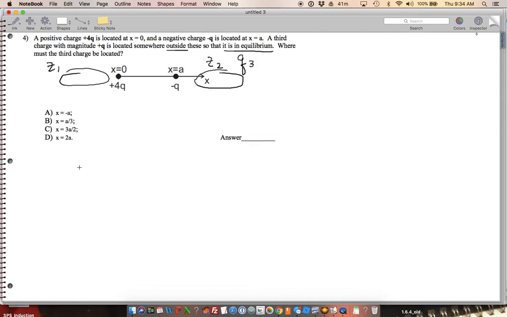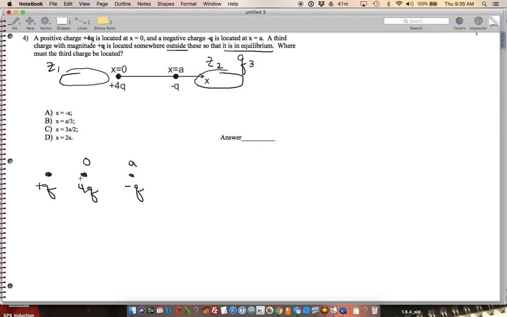If I put my charge in zone 1, this is my Q3, my added charge, and my Q3 is plus Q. I don't know where it is, but I know that 4Q is located at 0, and negative Q is located at A.